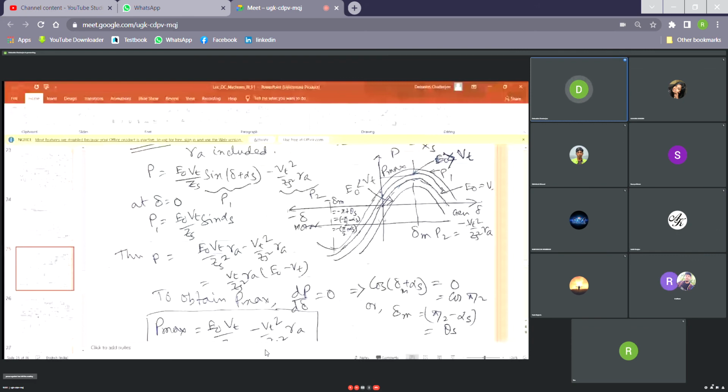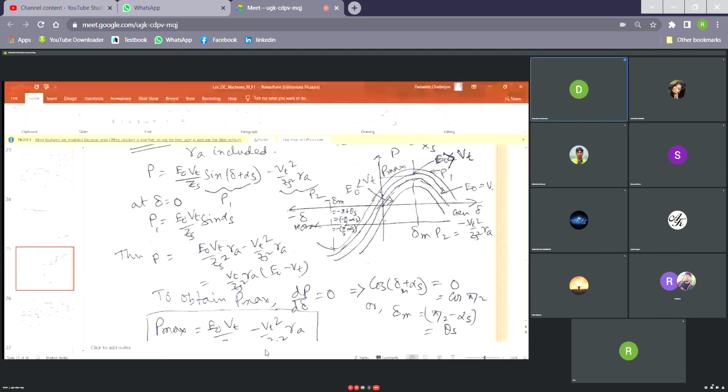If E0 is greater than Vt, that is known as the overexcited condition. Excitation is more than the terminal voltage. You get a positive result at delta equal to 0, and the plot is the second plot, shown by the arrow, E0 greater than Vt.